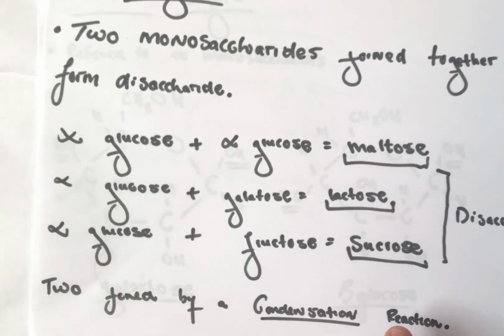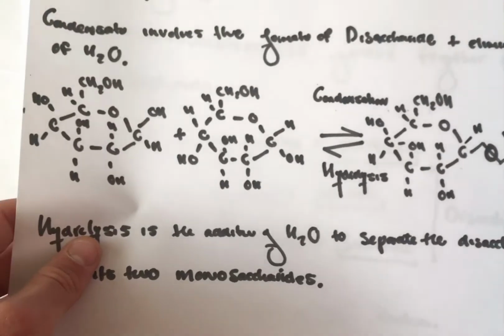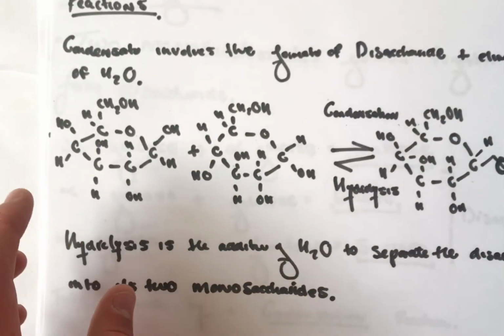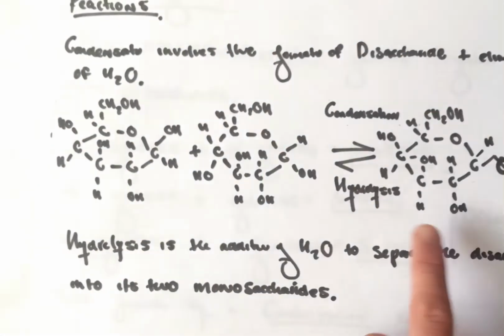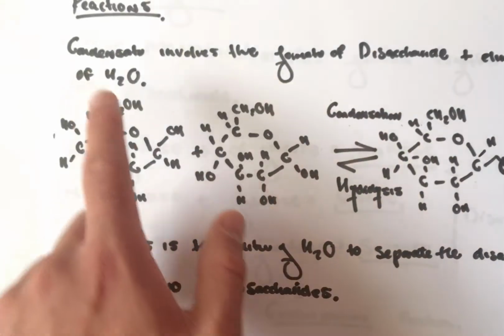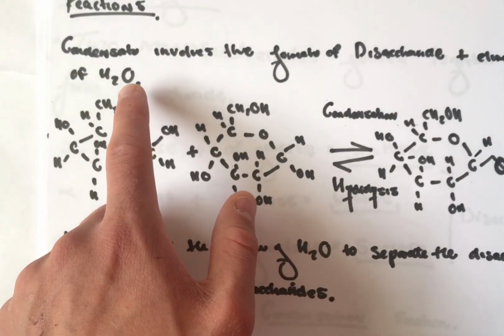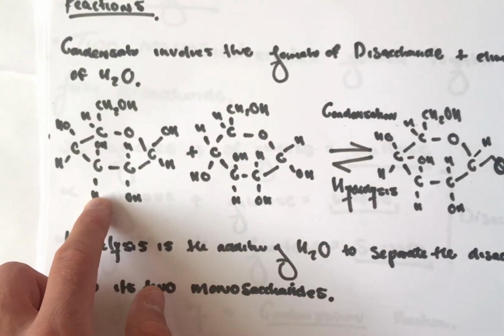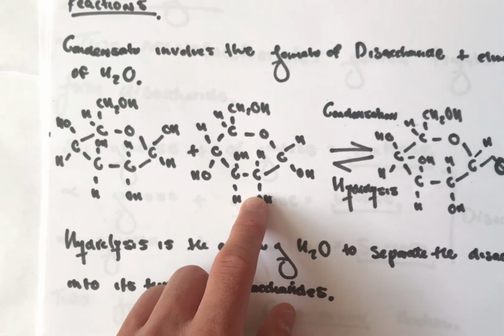We'll have a look at the mechanism now. As I've just mentioned, two monosaccharides are joined together by a condensation reaction, which involves the formation of the disaccharide molecule and the elimination of a smaller molecule such as water, H2O. Here we have galactose, and here we have alpha glucose.